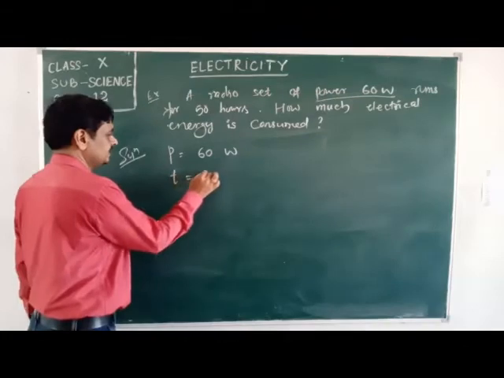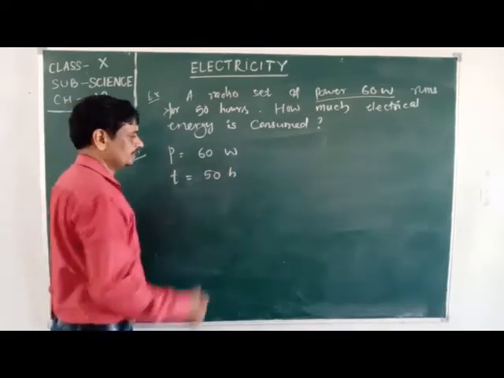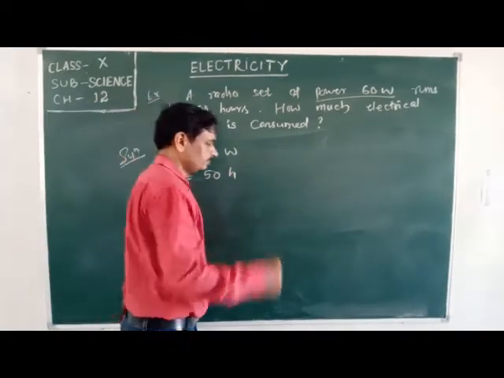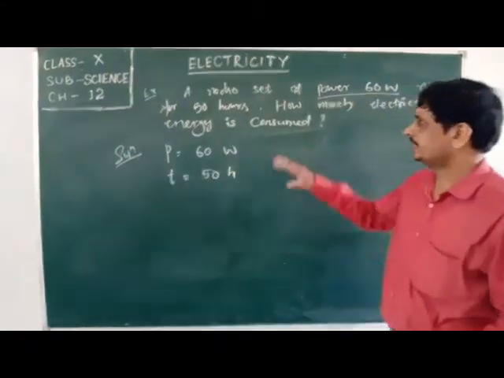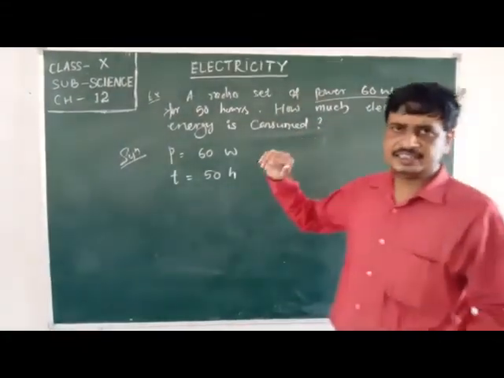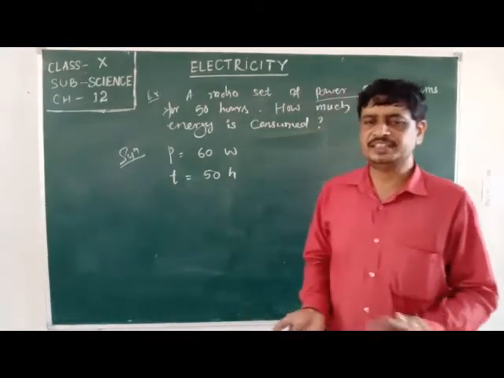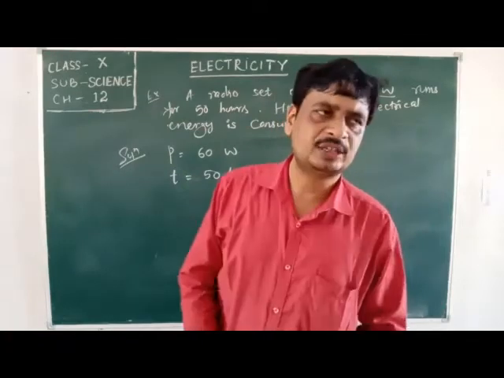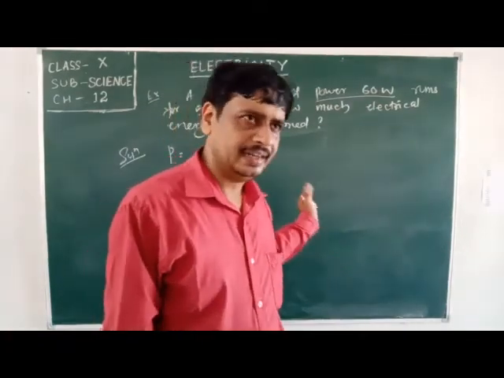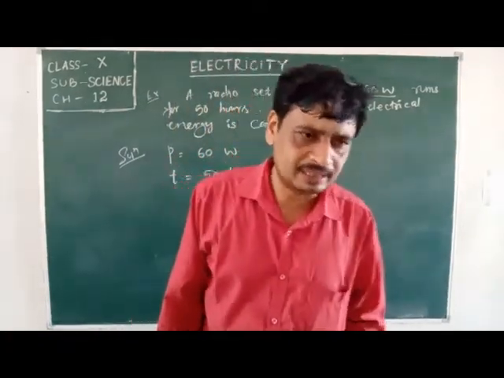T is 50 hours. We have to express the amount of electrical energy consumed in the unit of kilowatt hour. Generally, we use kilowatt hour to express any electrical energy consumed by appliances.